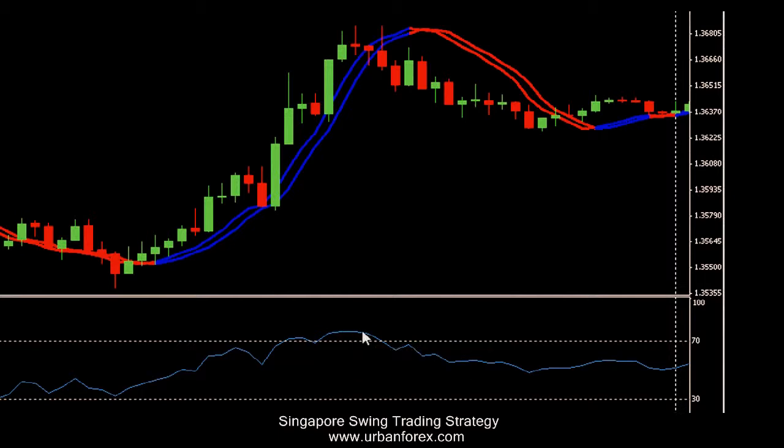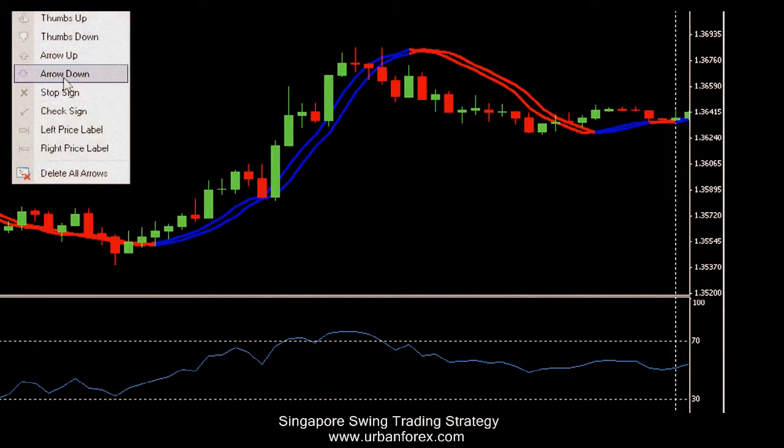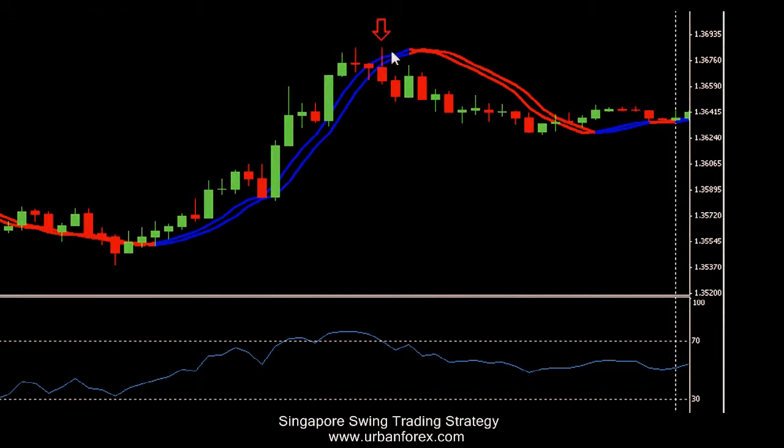Now it's hovering up above there, and we're waiting for a candle to close outside of the blue MAs, which is below it. At this candle here, let me draw an arrow for you so it's easier to see. There we go. That was the first candle that closed outside of the MAs, and if you look down here, our RSI also started going below 70, which is exactly what we wanted.